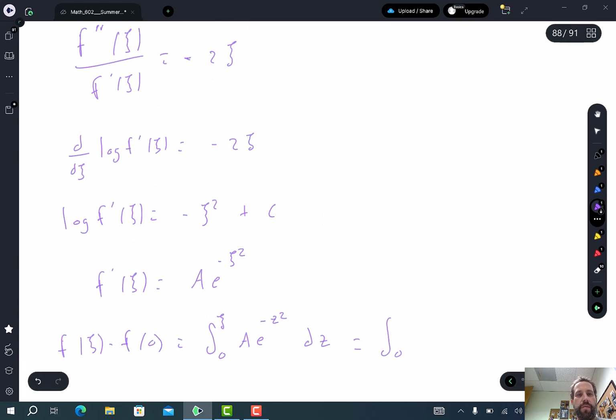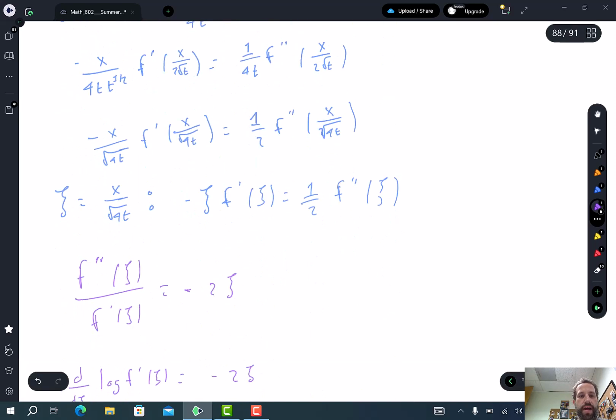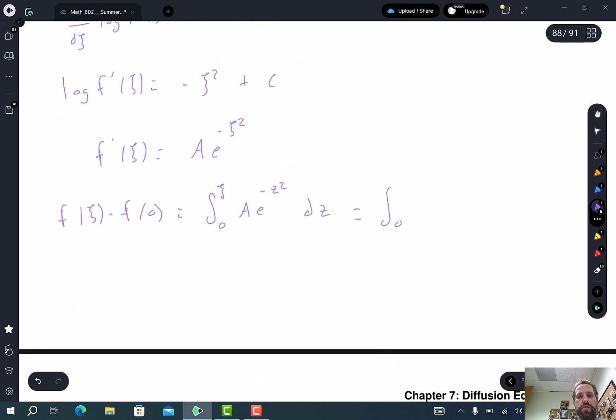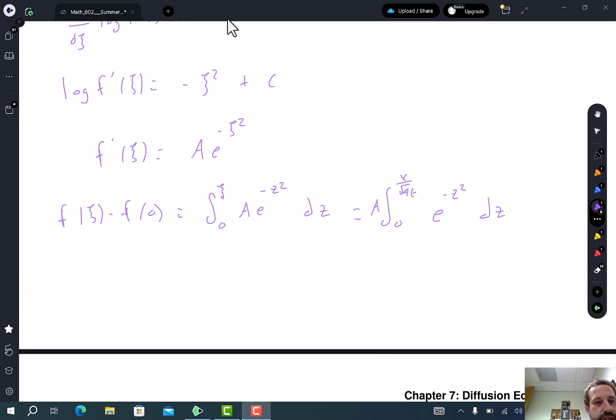That is, if I come up here, x over the square root of 4t. So this is going to be a times the integral from 0 to x over the square root of 4t of e to the minus z squared dz. So altogether, remember, u of x,t is equal to f of c.